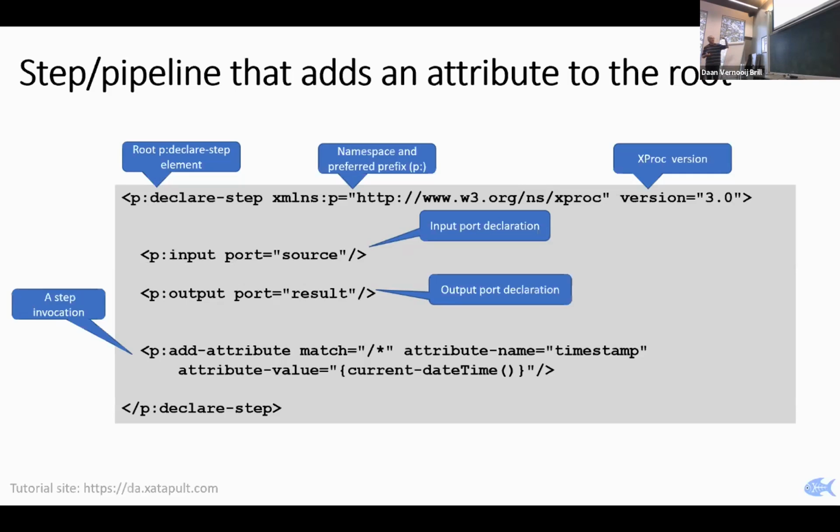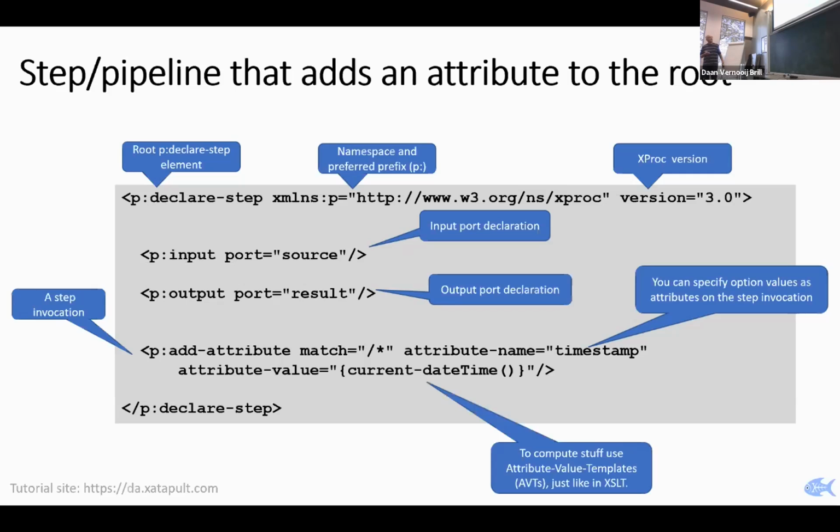So inside our step, we invoke the p:add-attribute, and we specify the options for it, as I told you, by specifying them as attributes on the p:add-attribute. So we say a match, we do it on the root, we call the attribute timestamp, and the value, actually it's interesting, it's an attribute value template, like you're probably used to doing in XSLT.